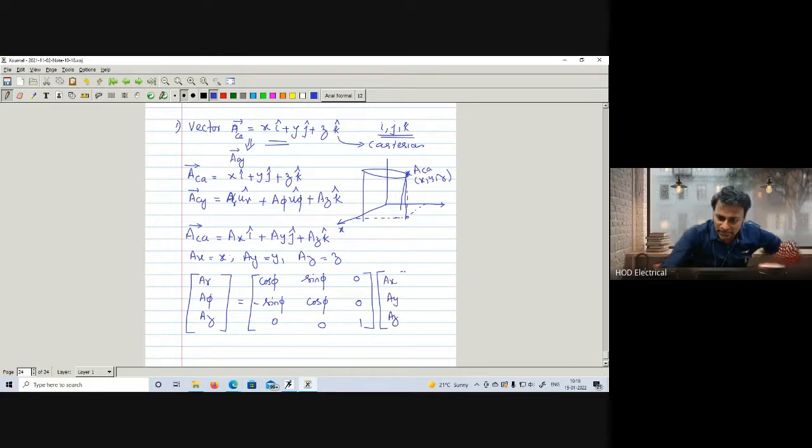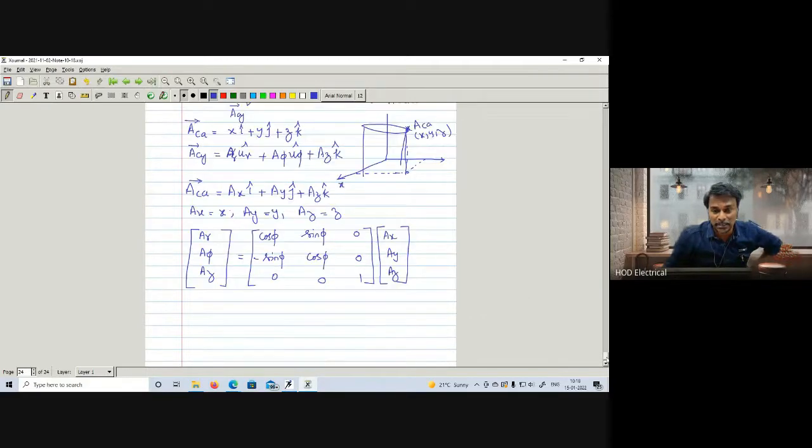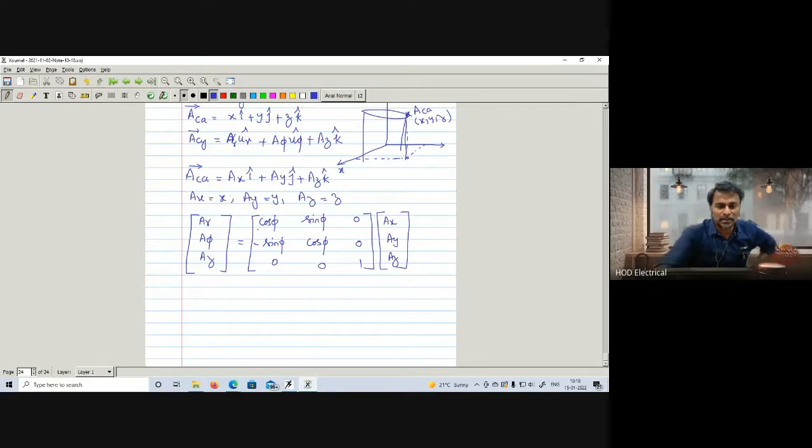We have done this in the previous problems. When we used this conversion, we formed this matrix also. You can refer to those videos.